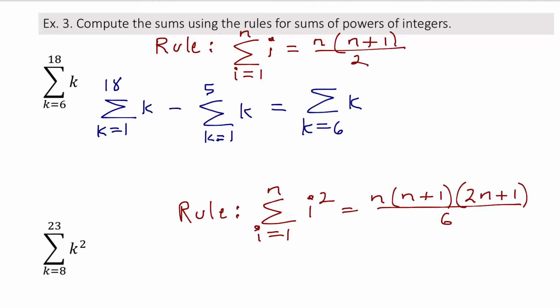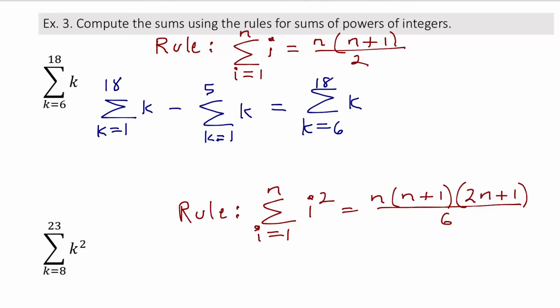So what we did here is we used the subtraction property, and we said if we start out with the full list from 1 to 18 and we subtract off the sum of the first 5 terms, we'll be left with the sum of the terms from 6 to 18. All right, now we can apply this rule right here.